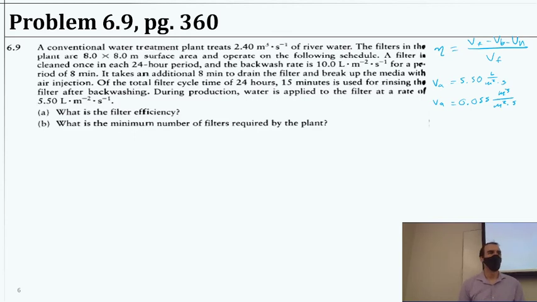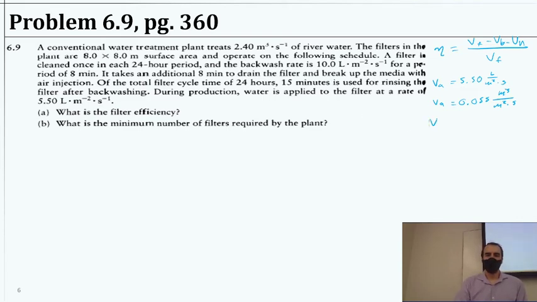And you'll see a theme here: every time I encounter a unit, I'm going to make sure I get it in the same terms as I have elsewhere. So in this case, I'm going to change everything to meters and seconds.